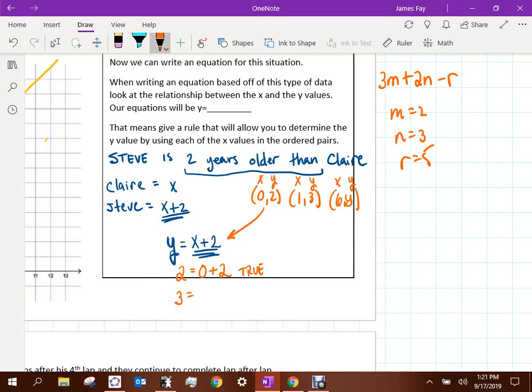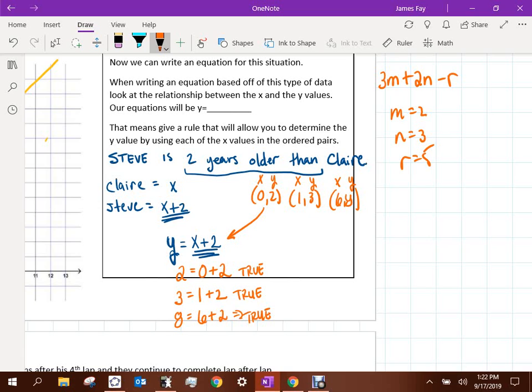Plug in the 1 for x. Does 3 equal 1 plus 2? Yeah. So again, that's more support that our equation is right. We'll do one more. Plug in y to be 8, and I get 6 plus 2, when x is 6. And again, that is a true statement, right?